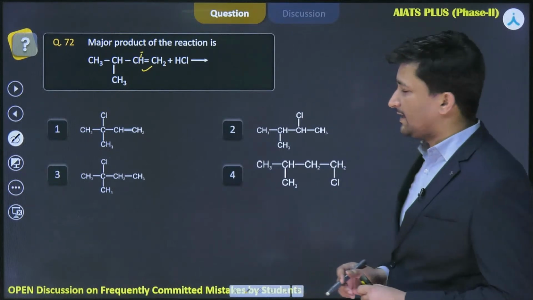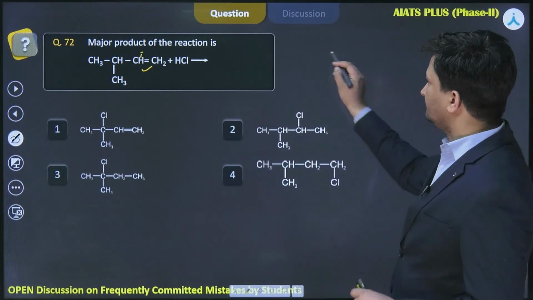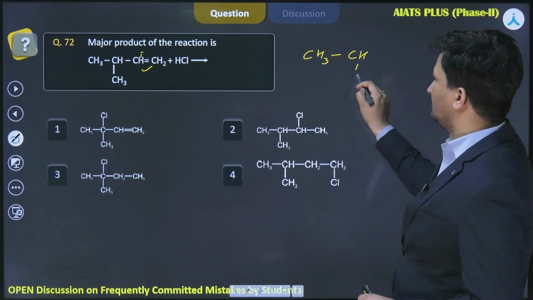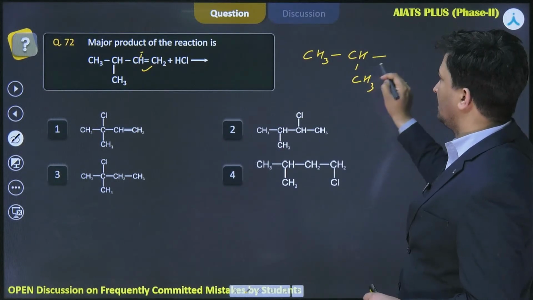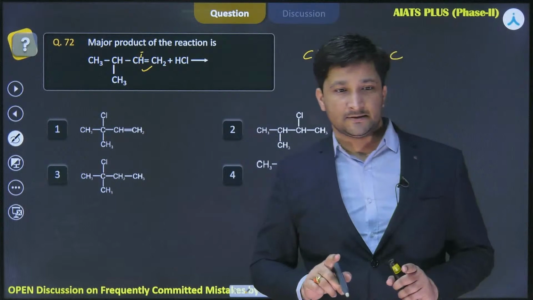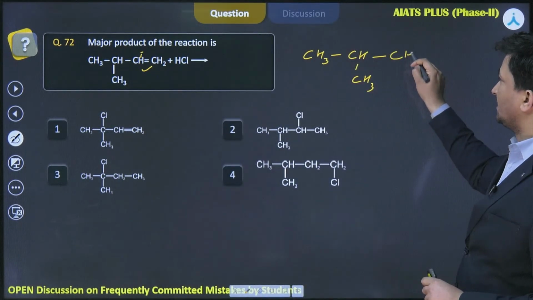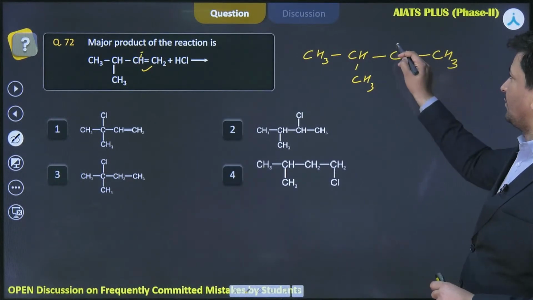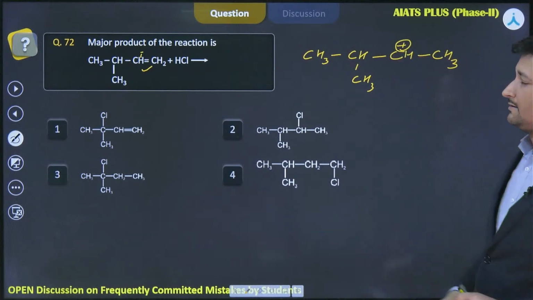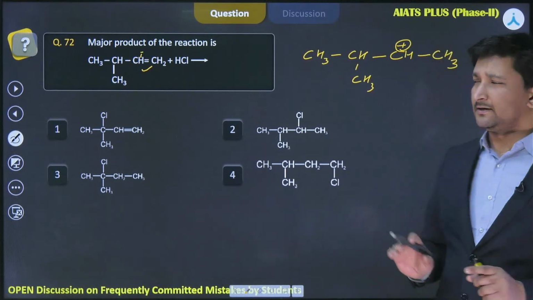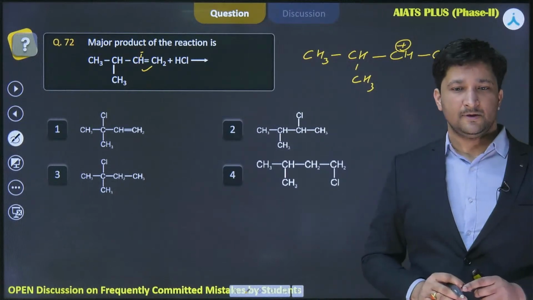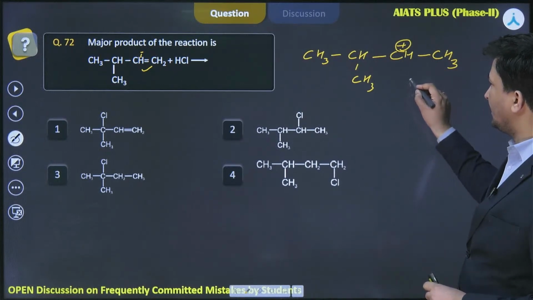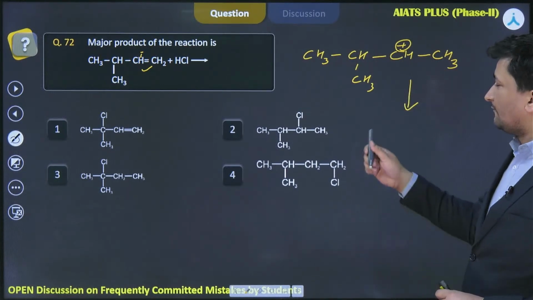Now you can see a very important concept here. Suppose CH3, CH, CH3 is there, and if the H plus gets attached to this terminal carbon, it will become CH3 and the positive charge will be there. At one look, it appears that this will be the major carbocation formed here. But after the formation of this carbocation, a rearrangement is still possible.